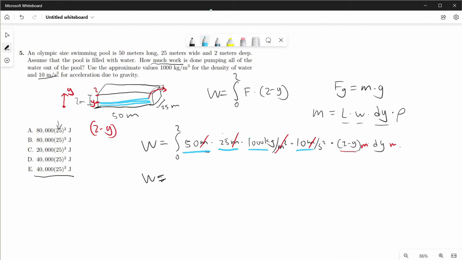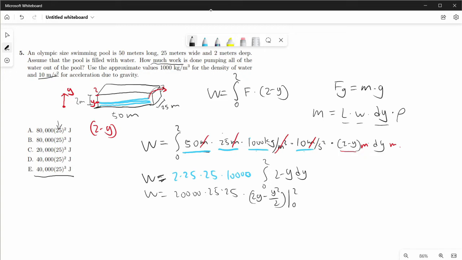So we will have 50, which is 2 times 25, times 25 times 1,000 times 10, so 10,000 rather. Combine the 1,000 and 10, right? And then integration of just 2 minus y dy. So 20,000 times 25 times 25 times, in this case, 2y minus y squared over 2.